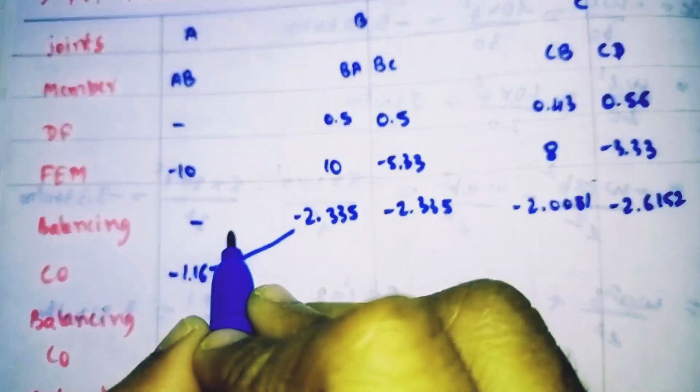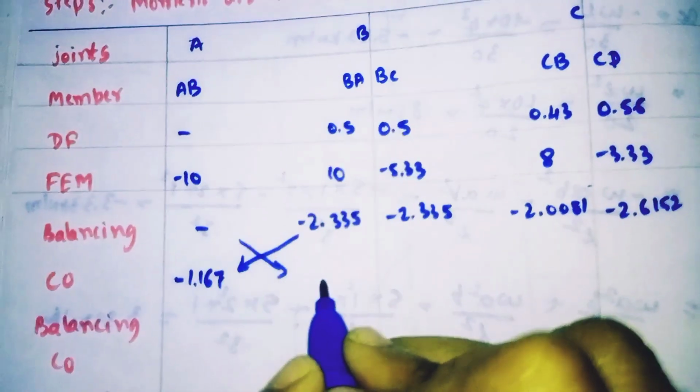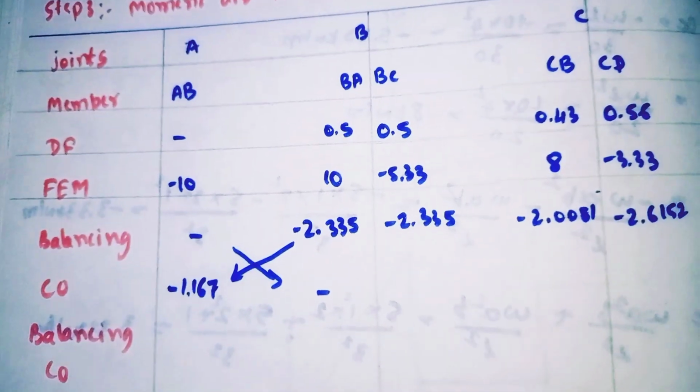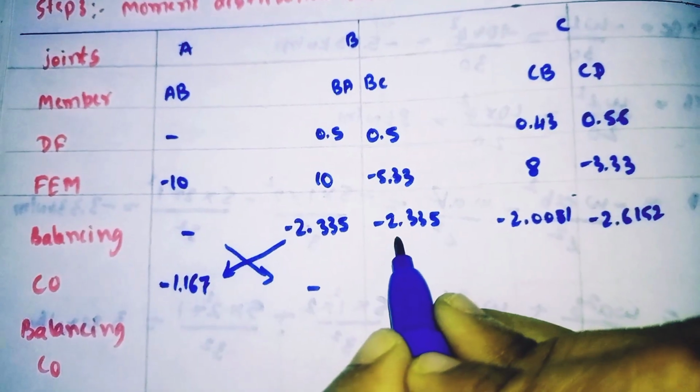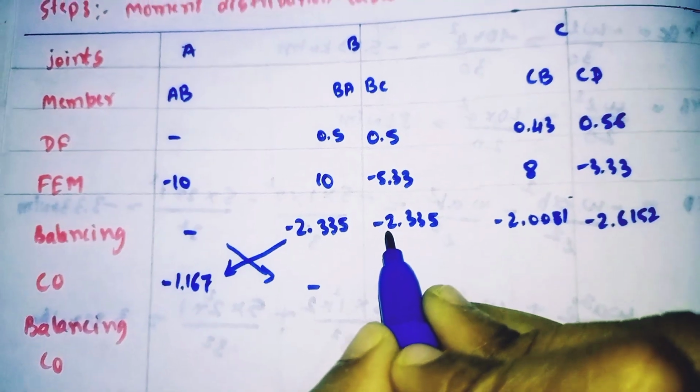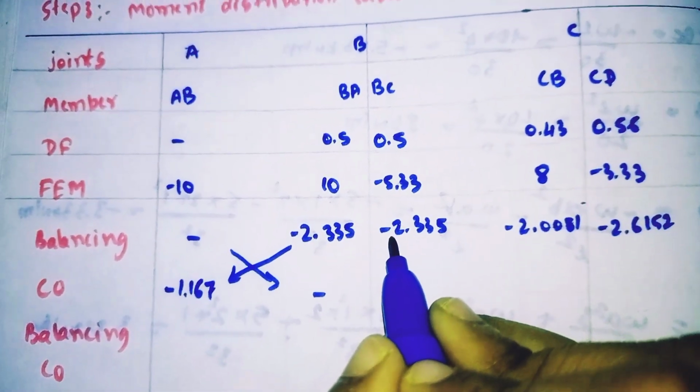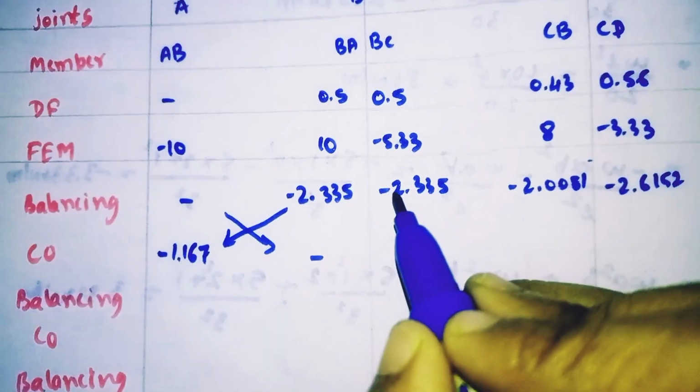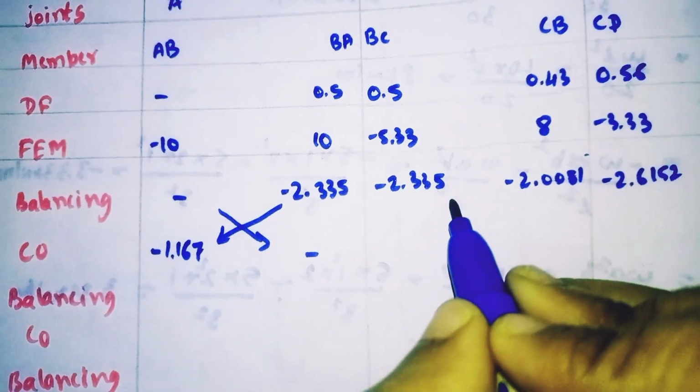Here also it has no value, so here also do half of this and send it to the opposite side.